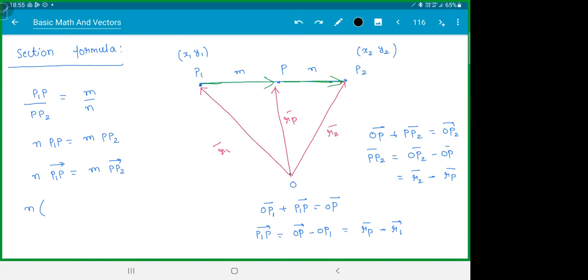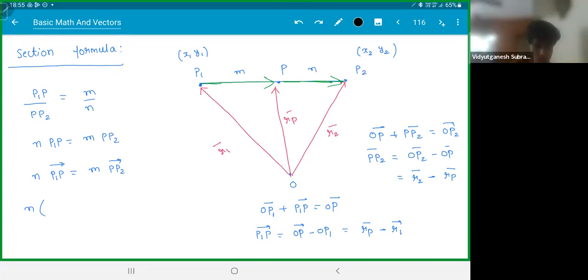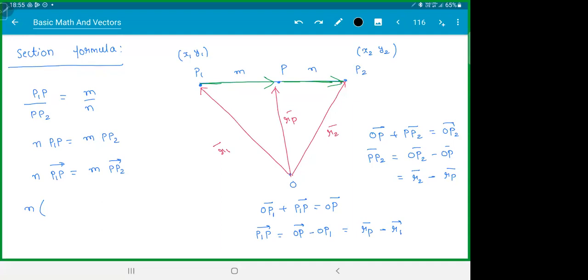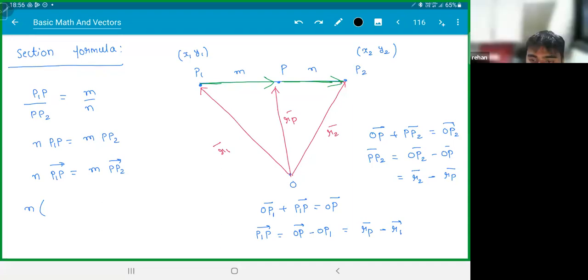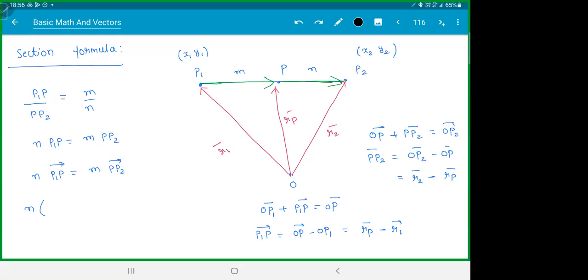All clear with this? Vidyut, Arjun, clear? Rehan? Yes, sir. Mayuka? Sir, can you just explain the second, which is PP2 is equal to OP2 minus OP? I just shifted this thing here, no?